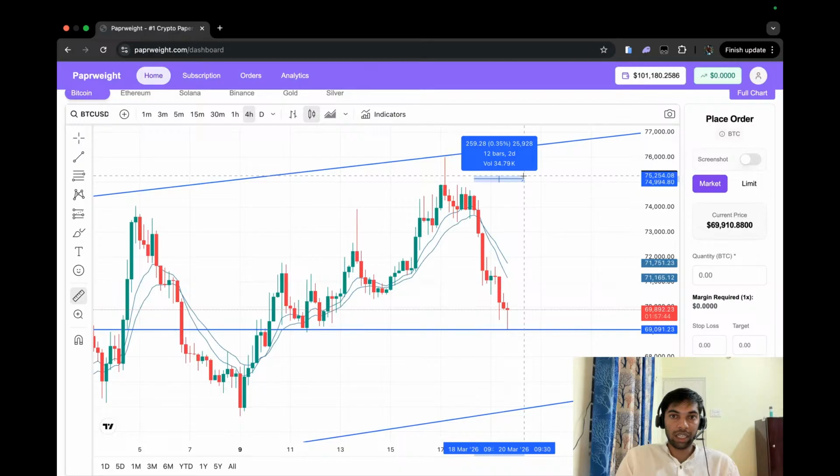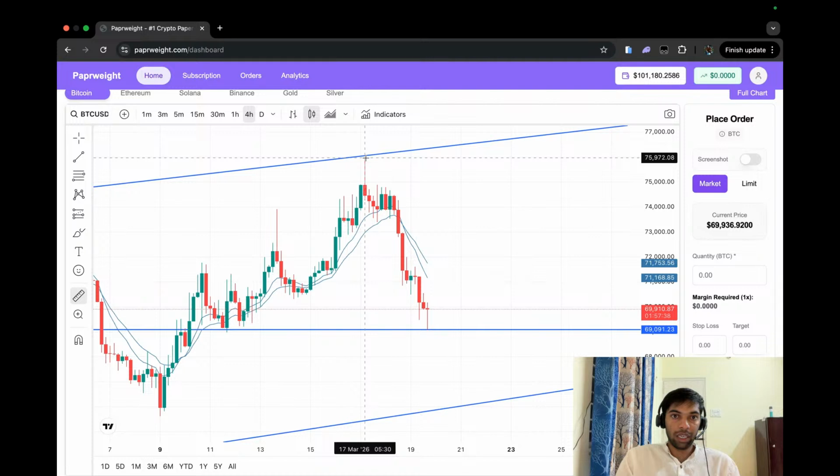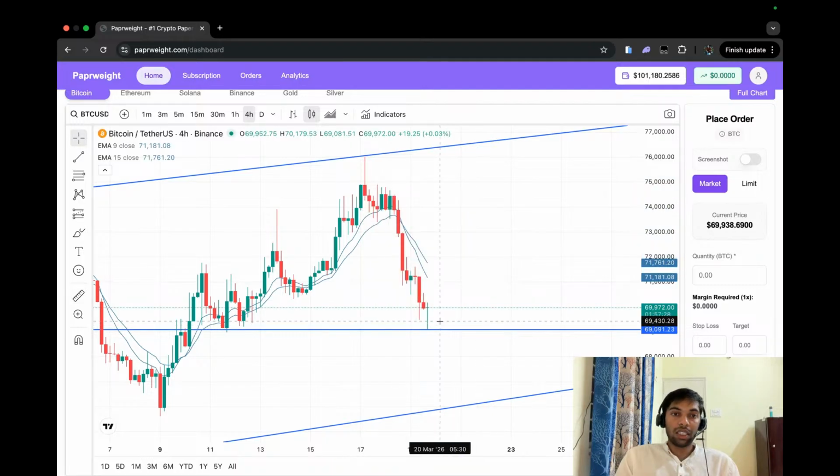One more thing is that the market has already fallen from this area to this area in one go, back to back falling. The market has already fallen 7,000 points. Now the chances are that the market will consolidate for quite some time, then try to reverse or go in the downward direction.